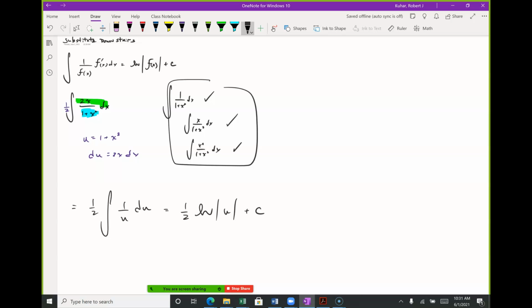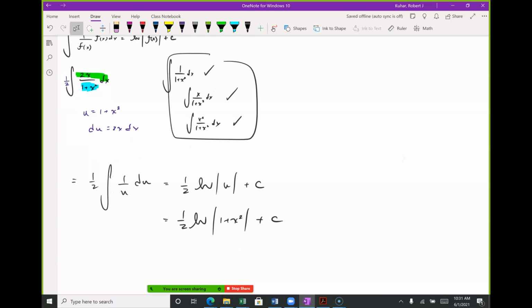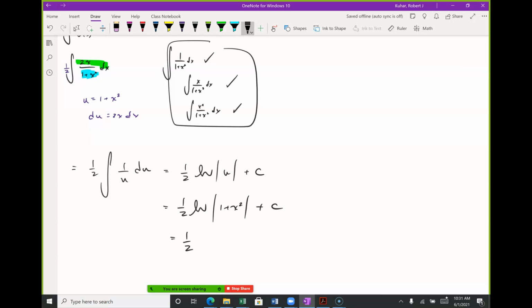You with me here? And u is 1 plus x squared. Do you notice anything about 1 plus x squared? It's always positive, so I don't need the absolute value. So this is 1/2 of the ln of 1 plus x squared. Don't need that absolute value because it's never 0 or negative. And then, of course, from pre-cal, that 1/2 can come in as a square root.